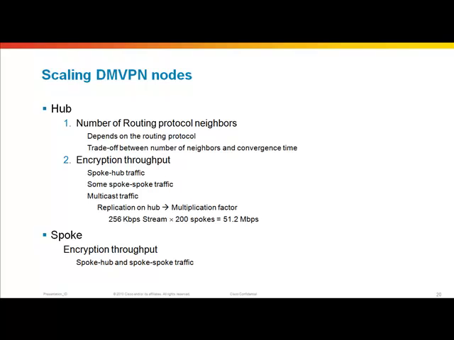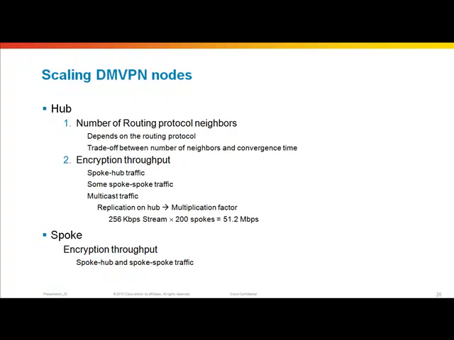Okay, so keep that in mind. We do support multicast, but it does put a load on the network. We're actually looking at some stuff where we may be able to reduce this significantly, but currently you have to keep in mind this sort of multiplication factor if you're going to run multicast through DMVPN.